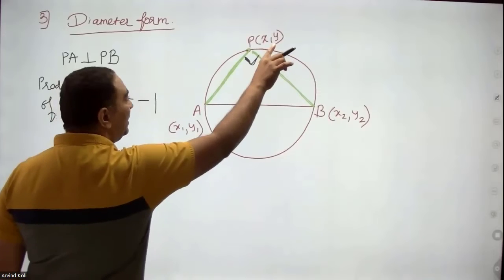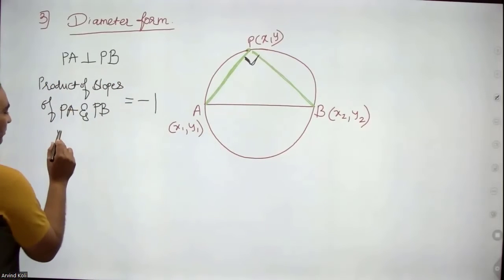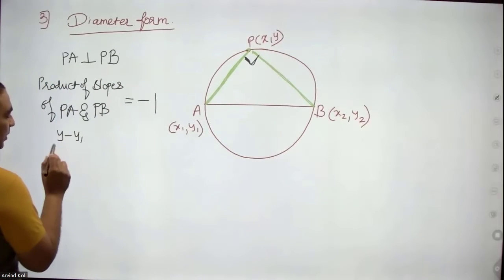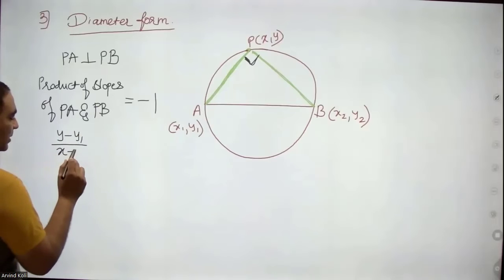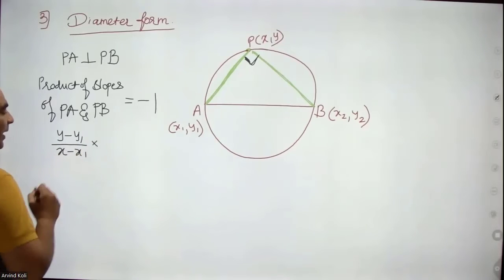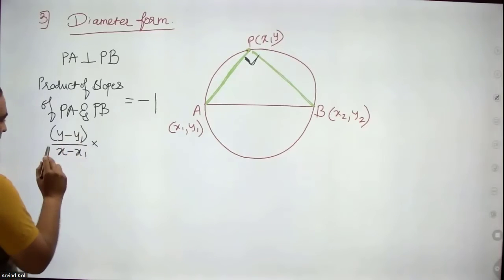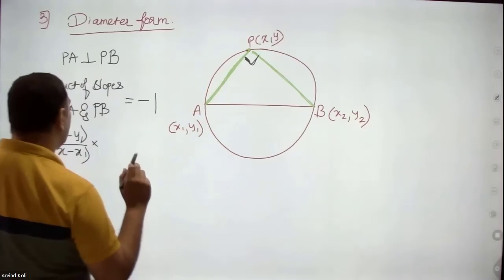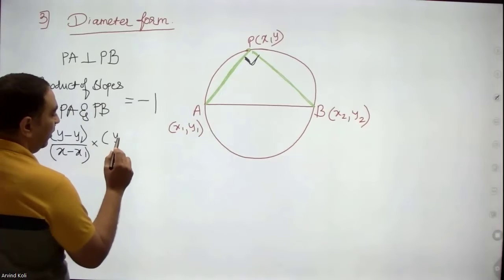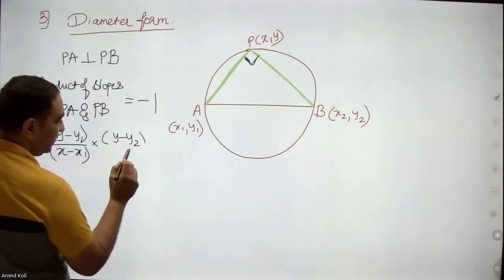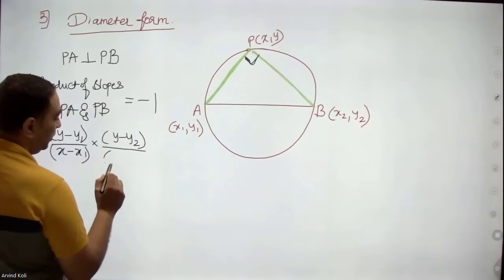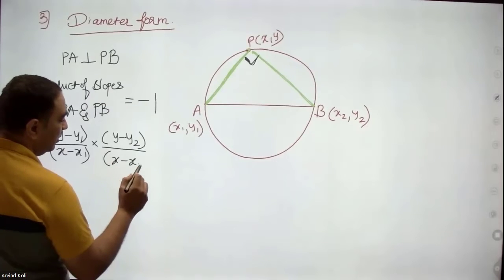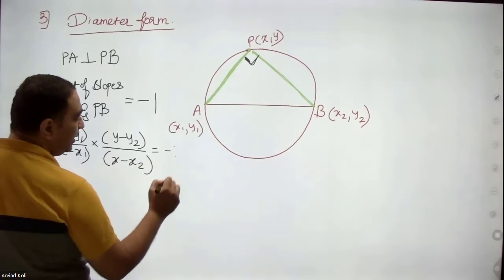That means y minus y1 upon x minus x1, into, same way slope of PB, y minus y2 upon x minus x2 is equal to -1.